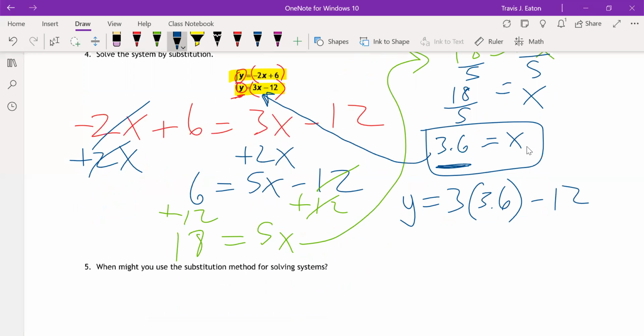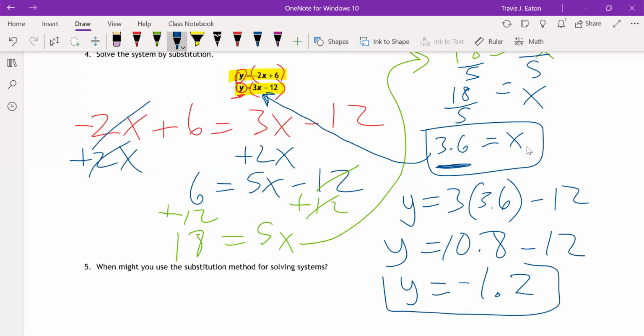Okay, what is 3 times 3.6? 10.8. Okay, so y equals 10.8 minus 12. And 10.8 minus 12 happens to be negative 1.2. All right, well, we found our x, and now we found what y is.